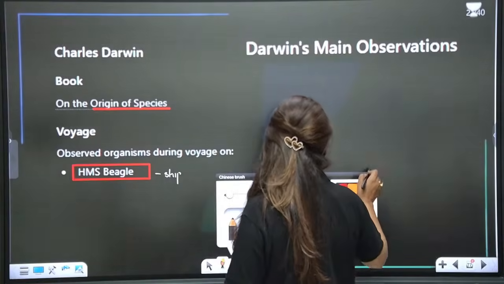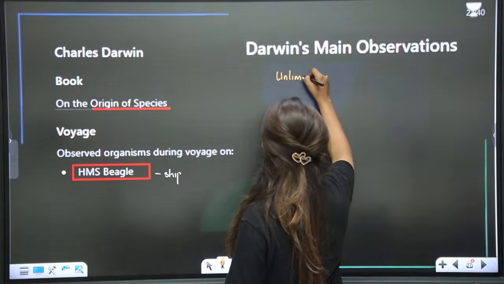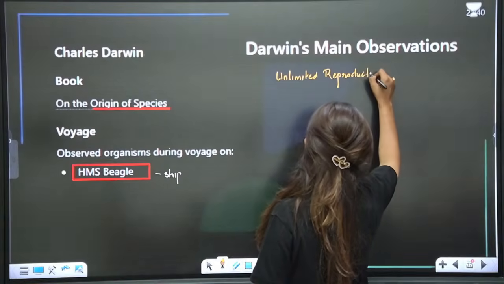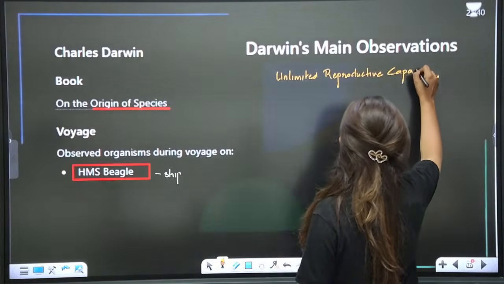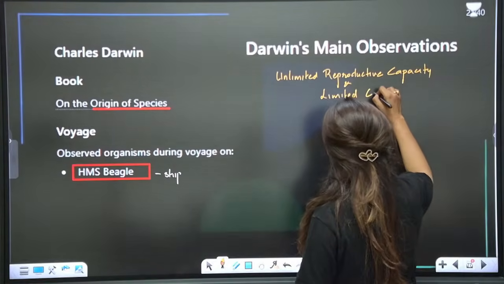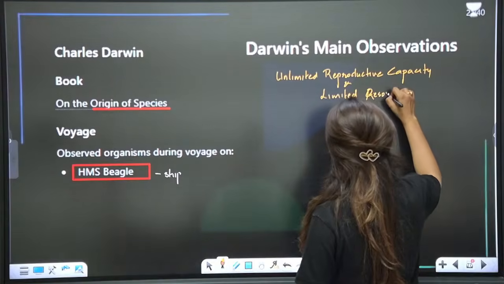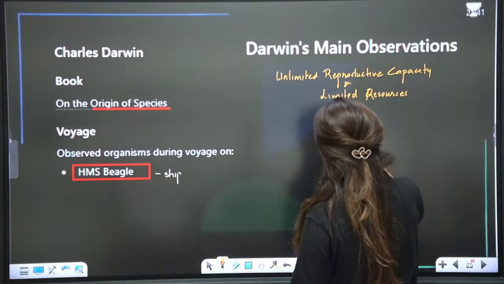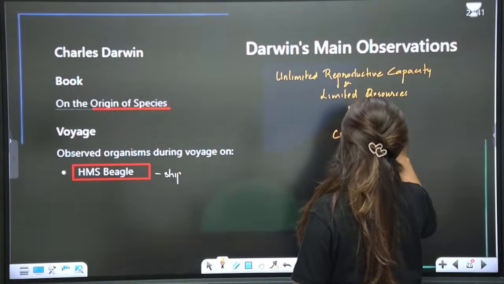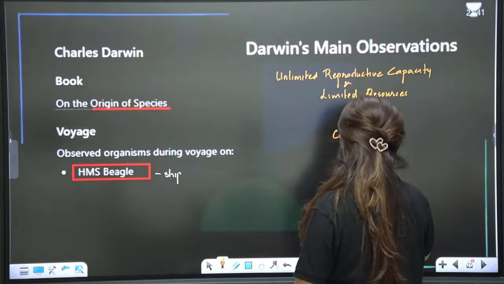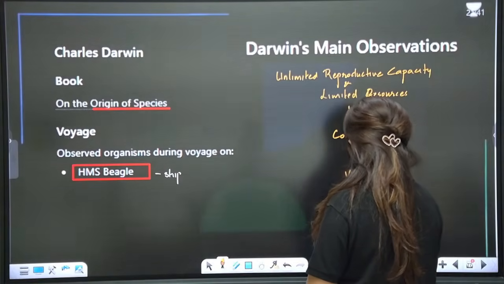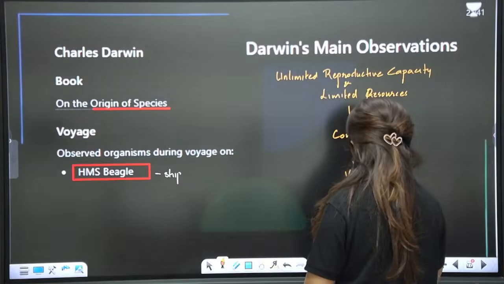The main observations were unlimited reproductive capacity but limited resources, which leads to competition, that is struggle for existence, right? And this leads to variations. Now variations can be both positive and negative, means useful and non-useful. Is that clear?